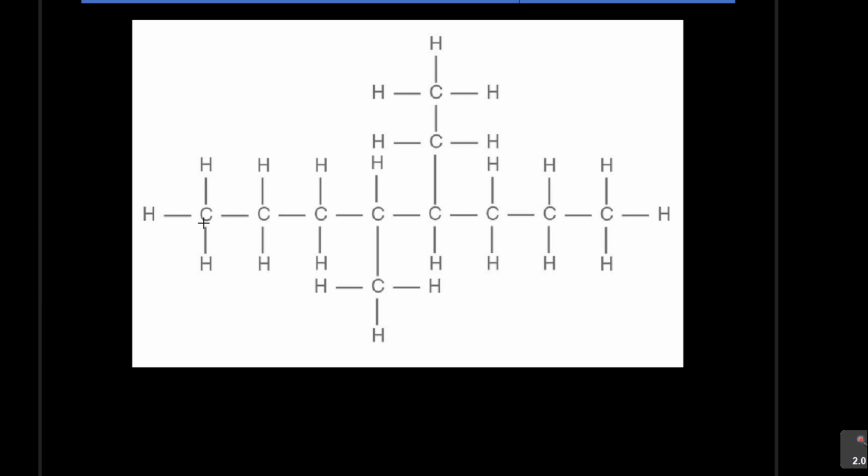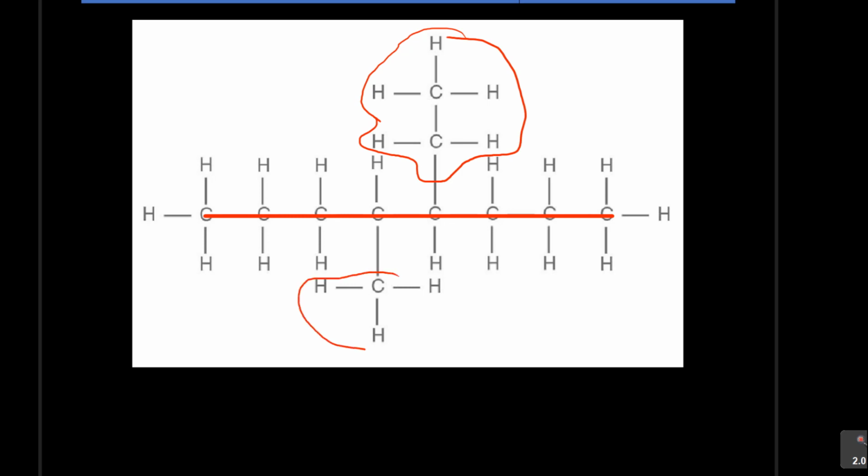Now, this is how you would have done it. As I said, it's always good to come with the condensed structure. But if you are getting used to it, after some time, you'll see that this was a branch, and this was the branch. So there are 2 branches. Now, for the naming, this is ethyl, and this is methyl.